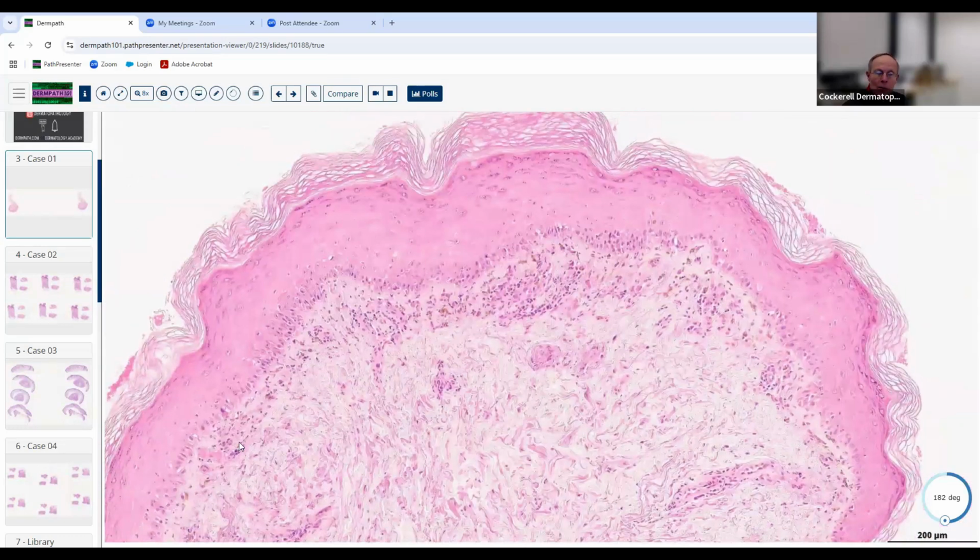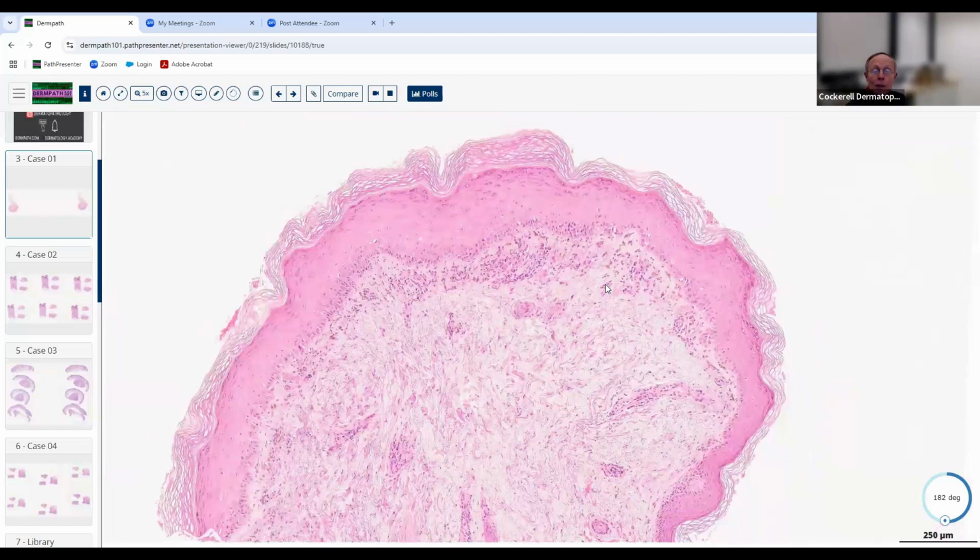So when you got this pattern, that's very good that you got that, because there's not a gazillion diseases that give you that pattern. But there is a differential. So what's your differential diagnosis here? And why do you think one diagnosis might predominate over another?